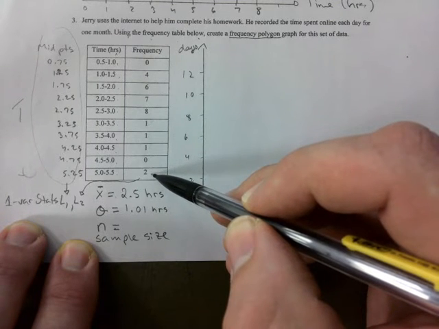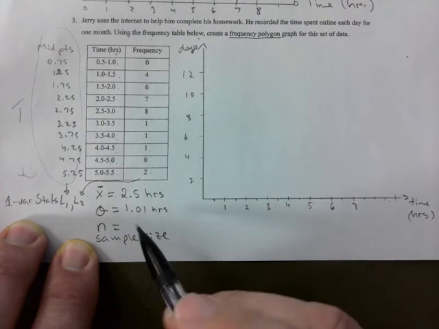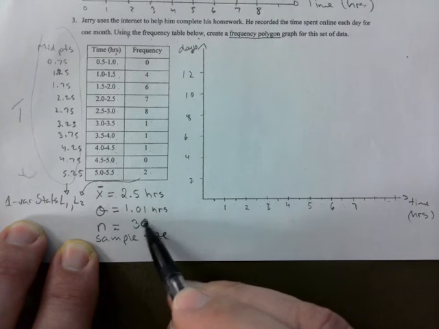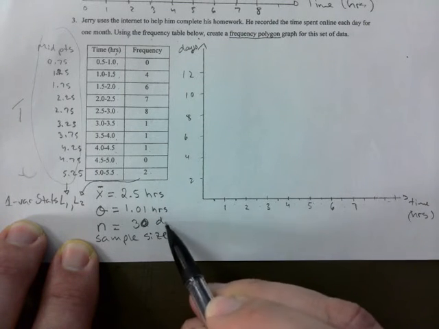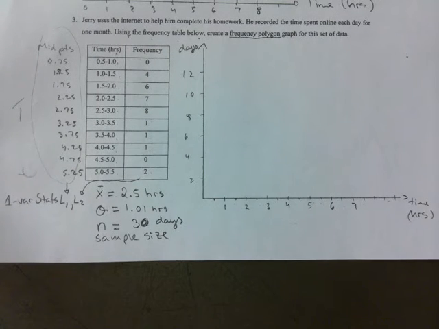Okay. 10. 20. 30. Yes. If you didn't put days today, that's fine. But it's 30. The frequency that the data is accumulating is 30.